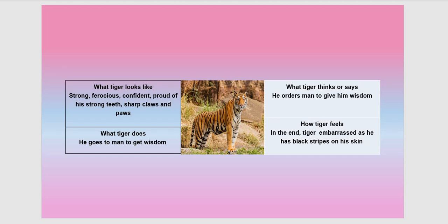What tiger thinks or says? He orders man to give him wisdom and he's foolish enough to believe that man has left wisdom at home. How tiger feels? In the end, tiger is embarrassed as he has black stripes on his beautiful yellow coat and all other animals do make fun of him.